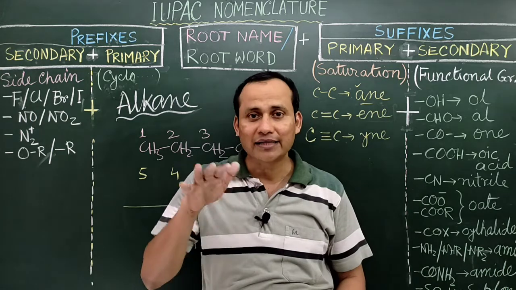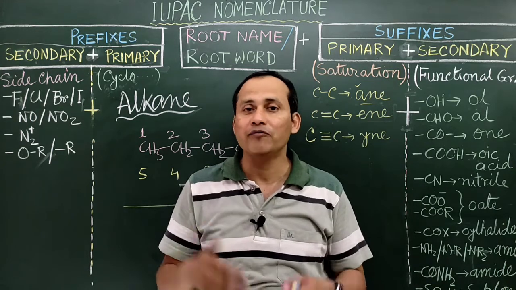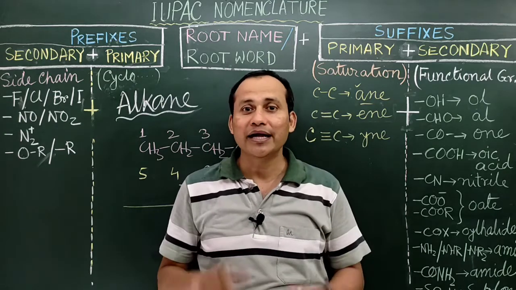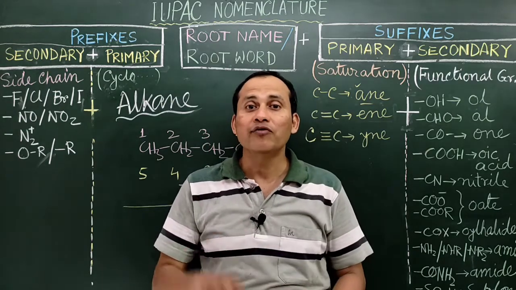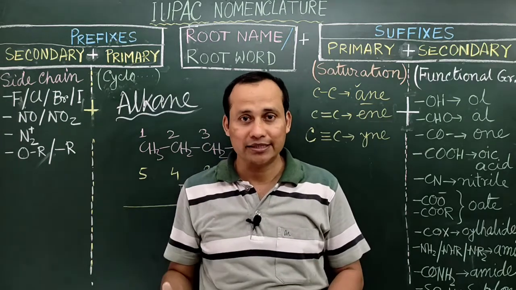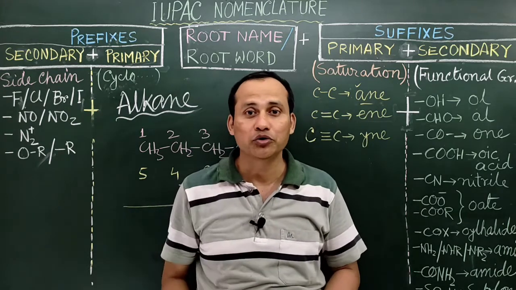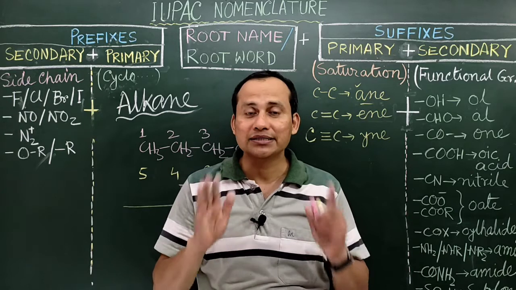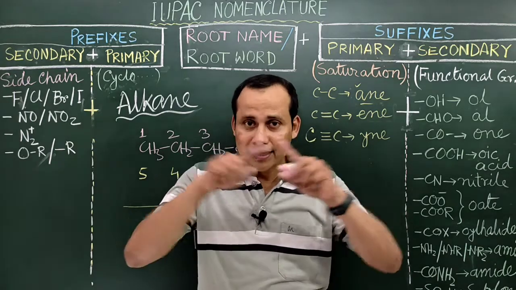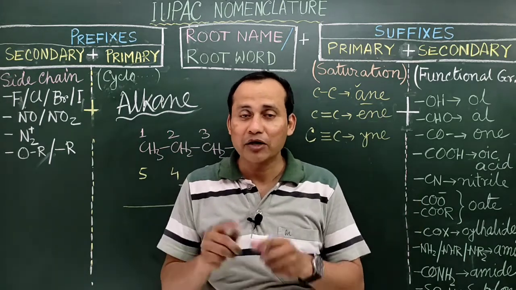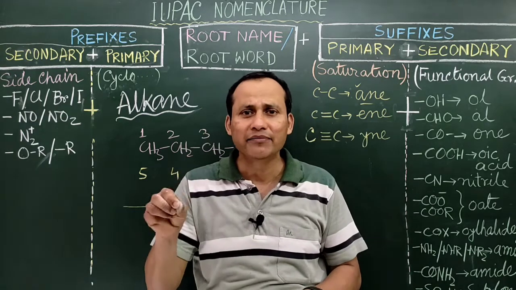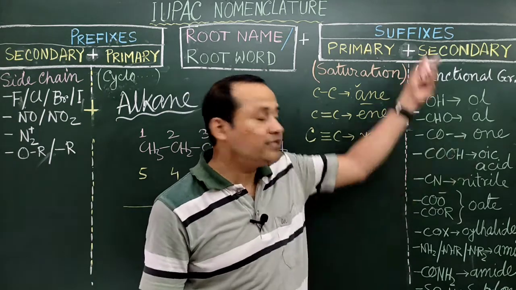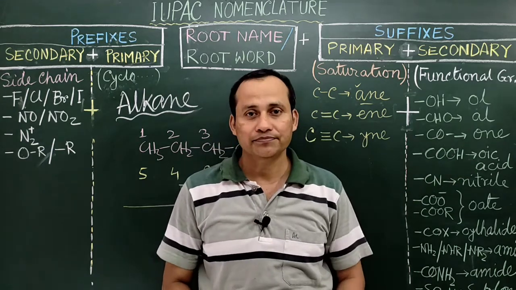So don't consider this class as the naming of alkanes only, but think of this as the starting of the IUPAC nomenclature system. Then it will be beneficial to you, and see the video till the end, then you will have a crystal clear idea how to give the name of alkanes, because just by modifying a little bit you will be able to give the IUPAC name of each and every compound.